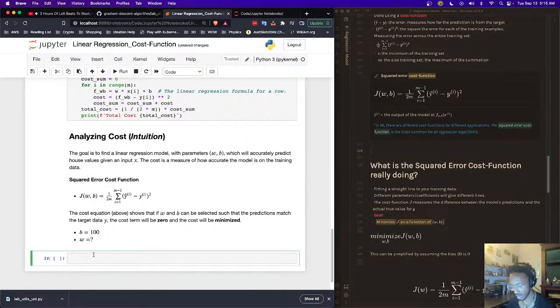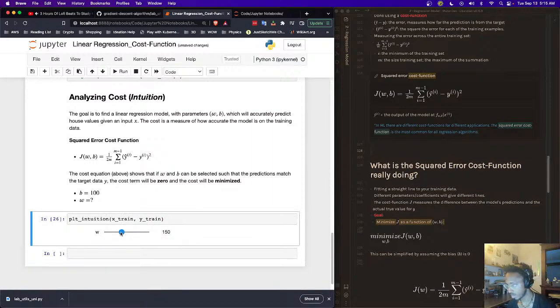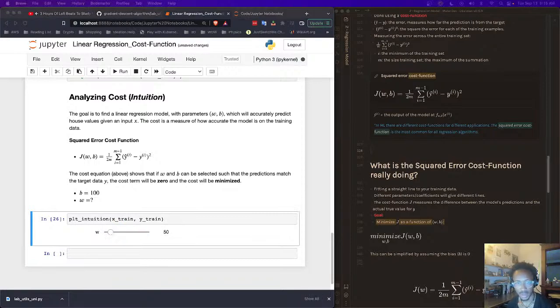Okay, so we're going to run plt underscore intuition with x train and y train. This is going to be a slider.